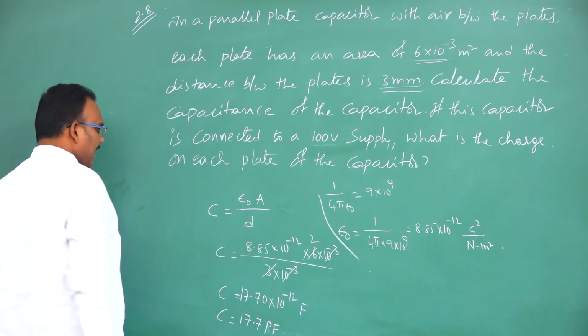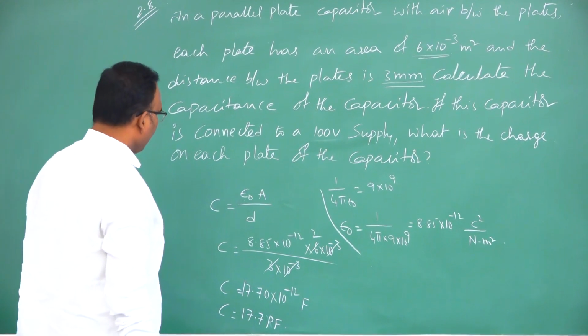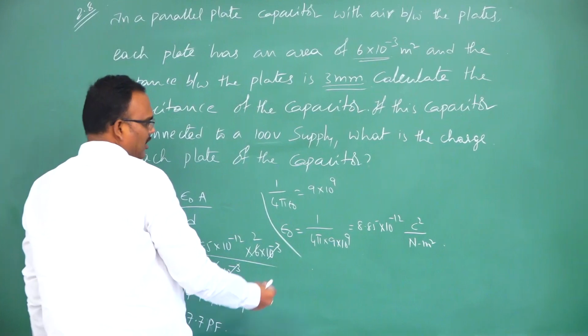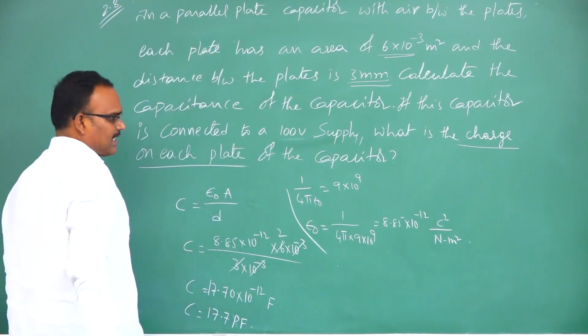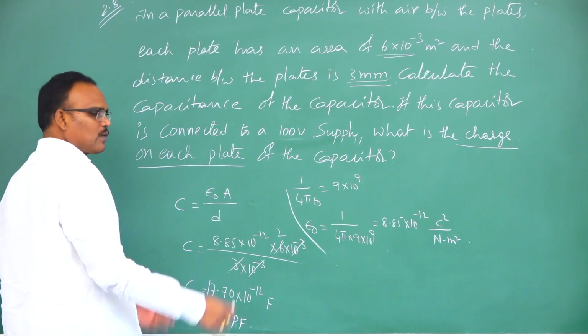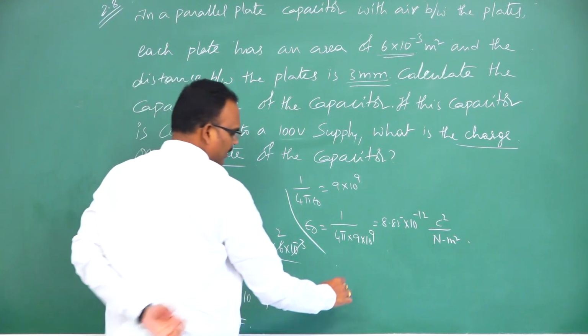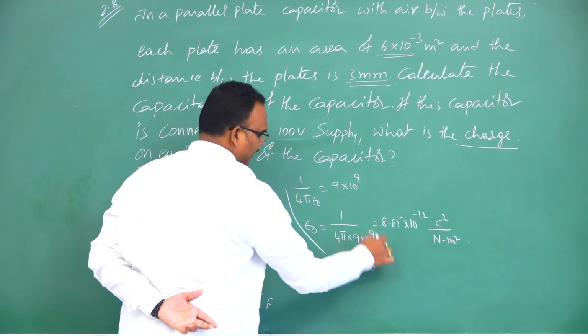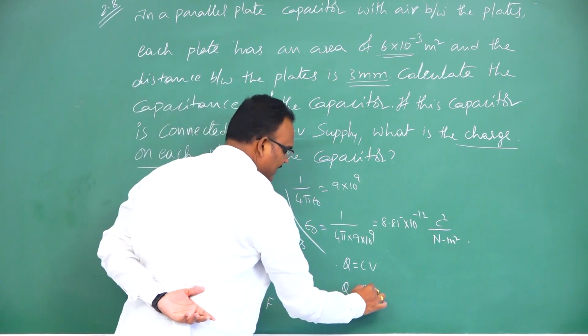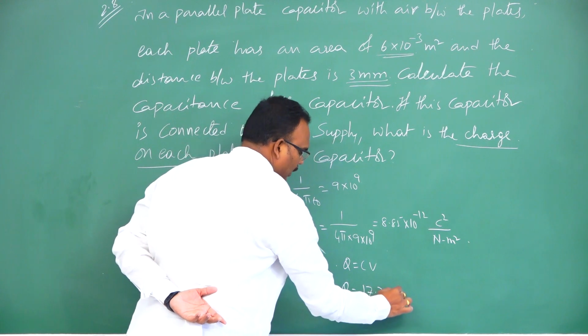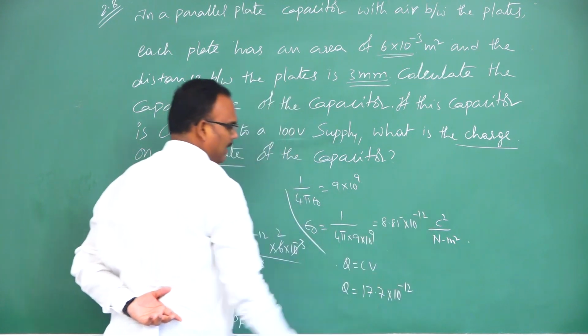Okay, we have calculated the capacitance. Now I need to calculate the charge on each plate. Charge on each plate means we have to use the formula Q is equal to CV only. Q is equal to C, I know, that is 17.7 into 10 to the power of minus 12 farads.